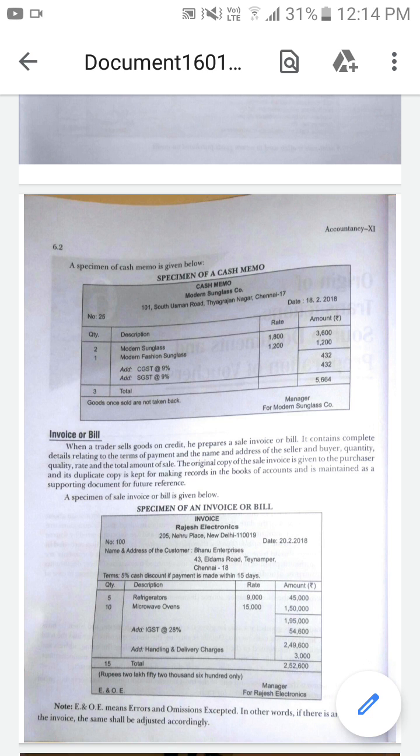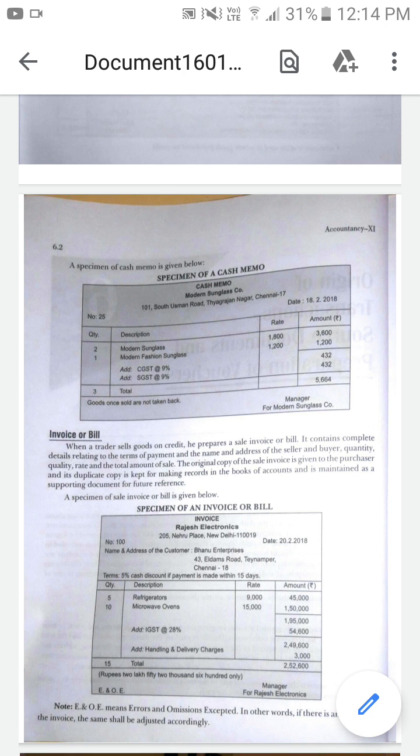So there are three types of taxes. CGST and SGST come under the intra-state supplies. The tax is levied by the central government, and the tax is called CGST and SGST.